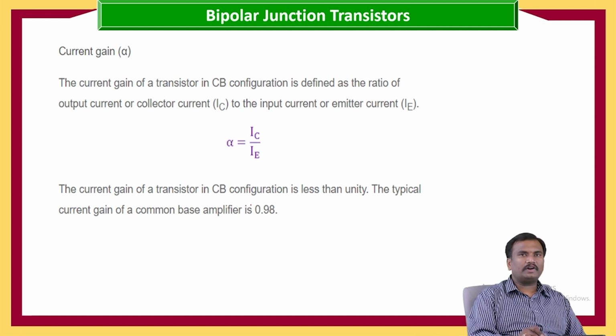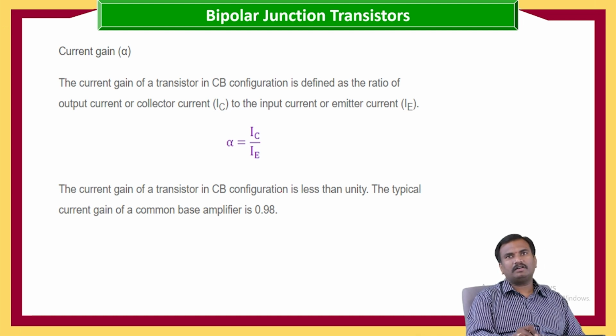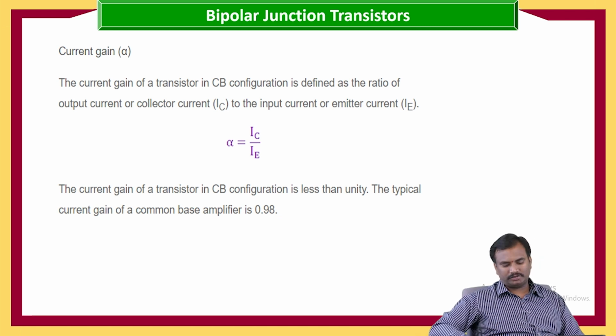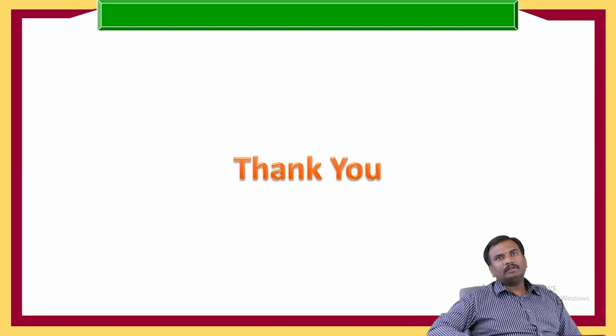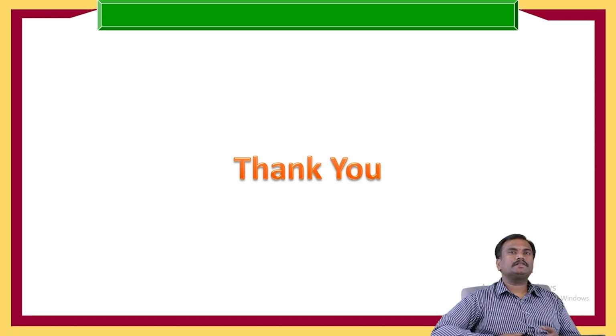The current gain of a transistor in the CB configuration is less than unity. The typical current gain of a common base amplifier is 0.98. In this session, we have discussed the operation of a transistor under common base configuration.